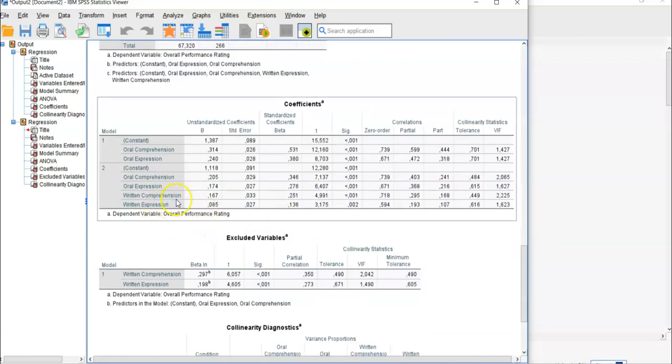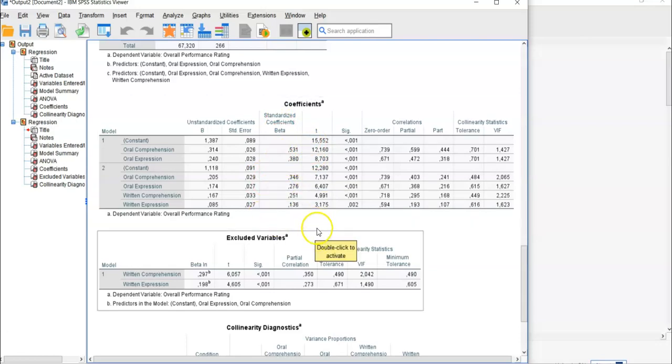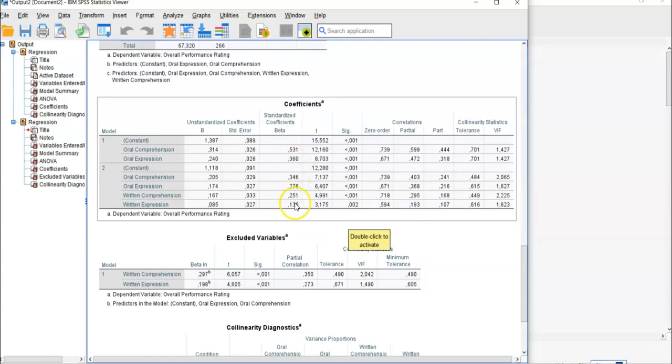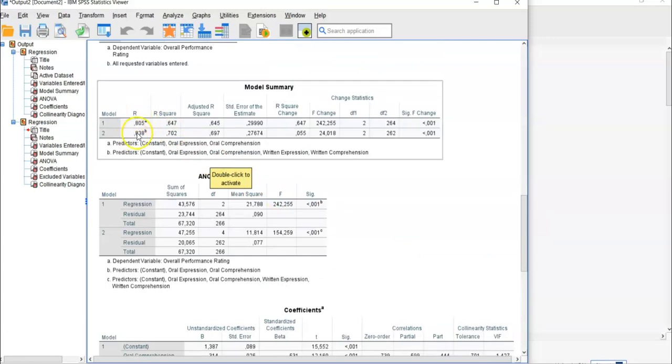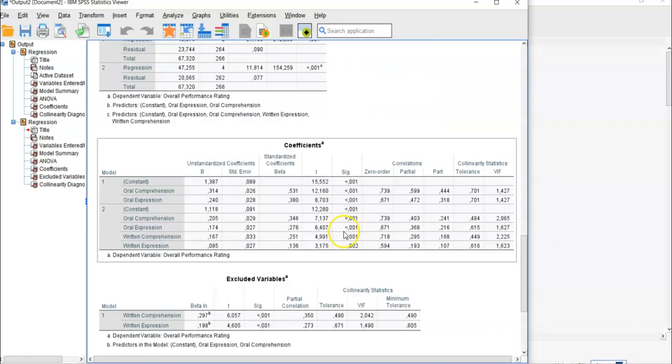Here is beta, about 35%, and this is 28%. Actually, that is not yet a percentage; it's an R value, so we have to scale them. Still, you can see it's a big difference. The written comprehension is almost at the same level as oral expression.